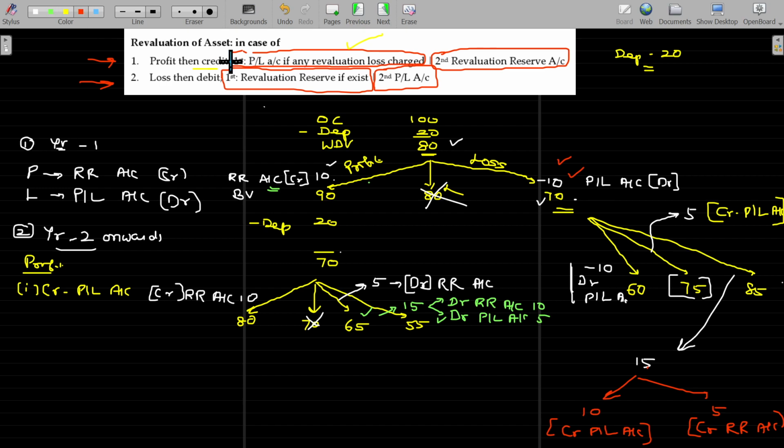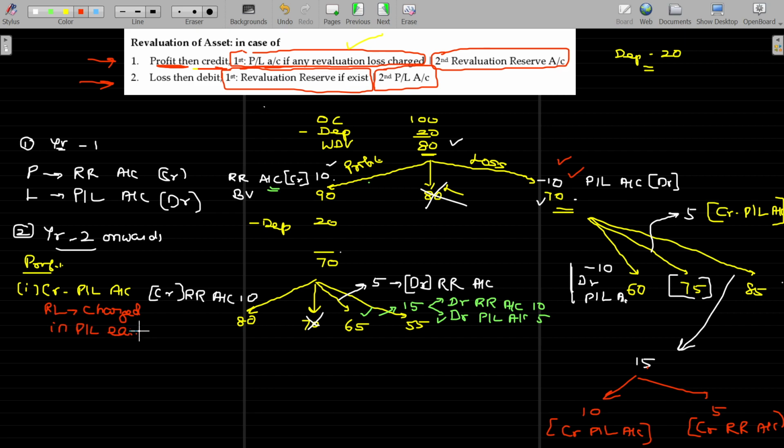Credit the P&L account to the extent of any revaluation loss charged in the P&L account earlier.